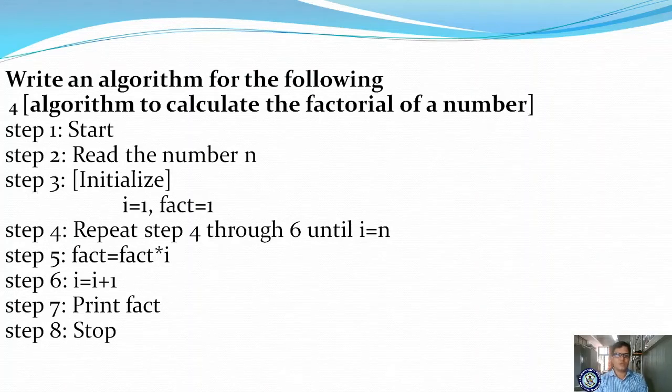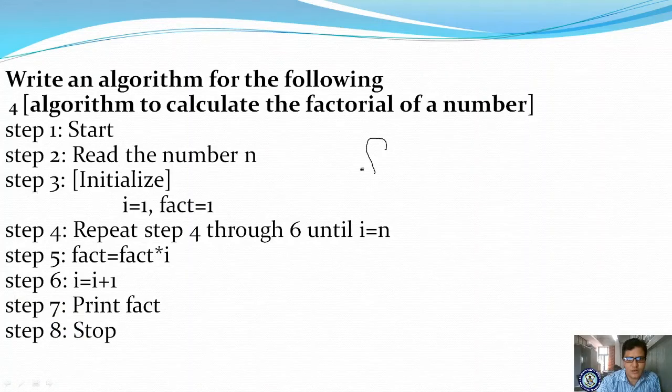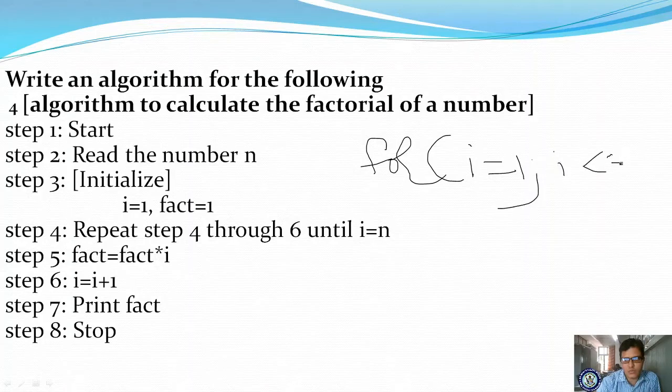Got it? For this, what are you supposed to write? While writing in coding, we will use it like this. How do we write it? for i equal to 1, i less than or equal to n, and i plus plus.